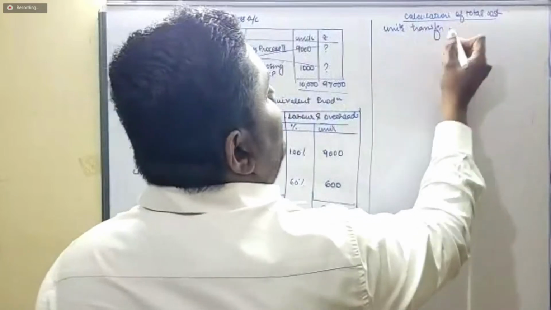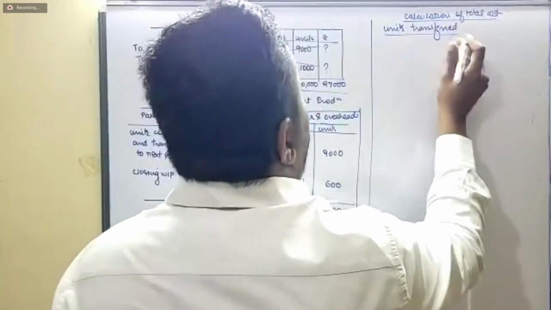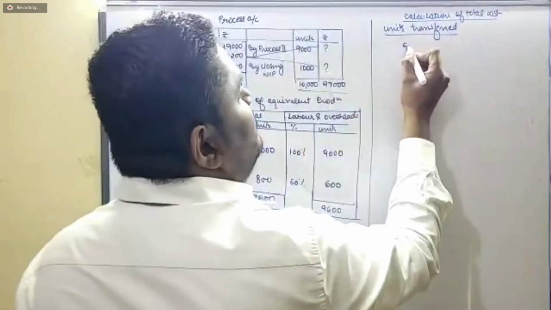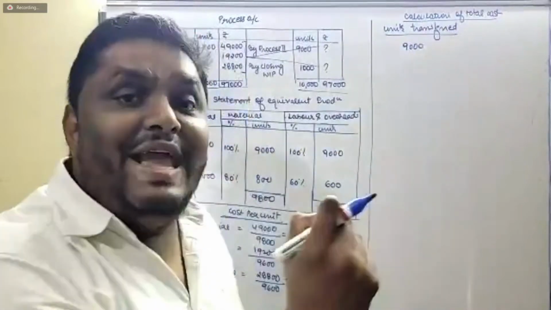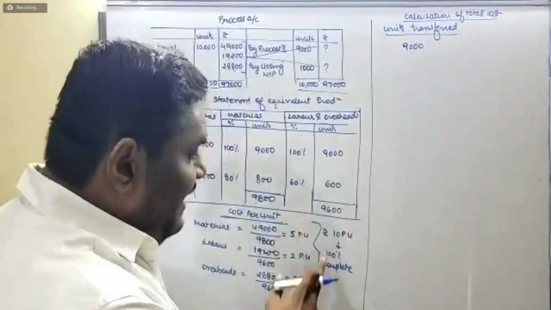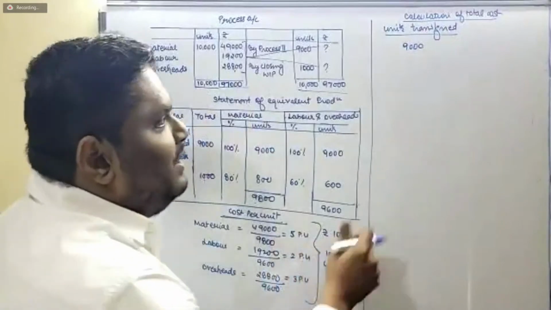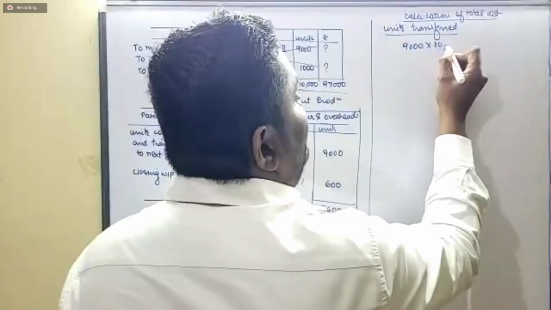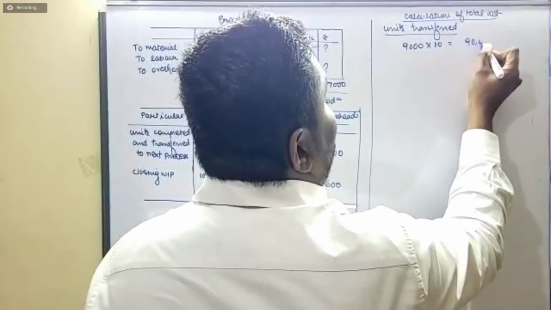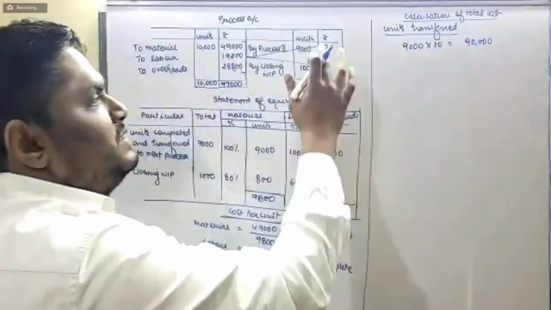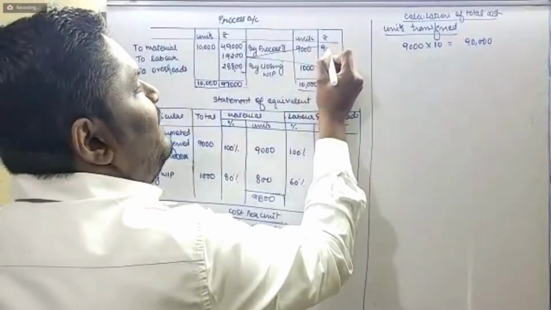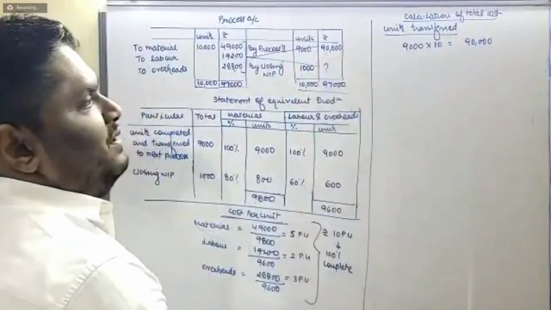When talking about units transferred, the total number of units transferred are 9,000 and they are 100% complete. And the cost of 100% completed unit is how much? 10 rupees. So 9,000 into 10, that is 90,000. So this is the cost of units that are 100% complete.